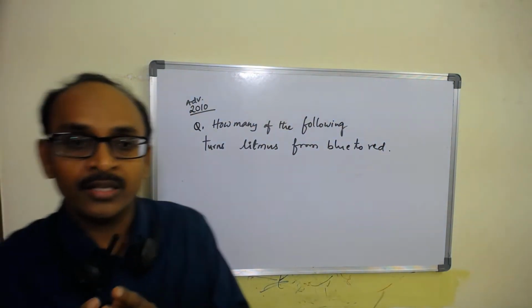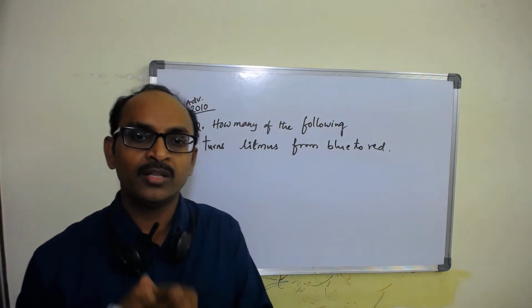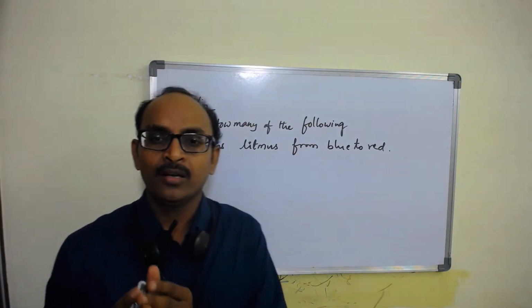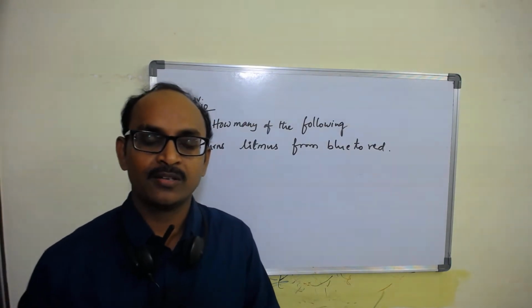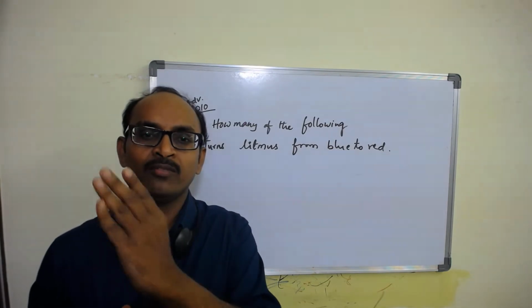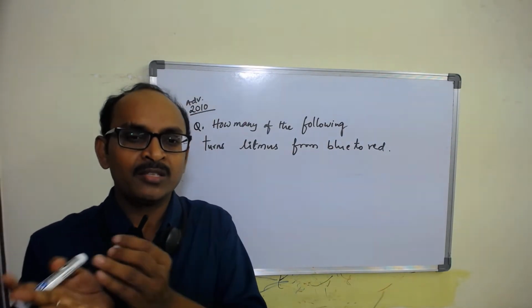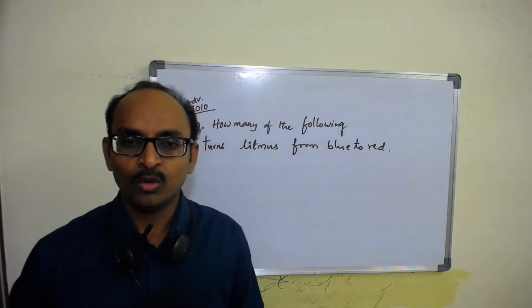This was asked as a numerical value question, nothing but a single integer question. In that 2010 pattern, there used to be single integer questions. The answer used to be 0, 1, 2, 3, up to 9. Nowadays the pattern has changed. You would know that pattern.